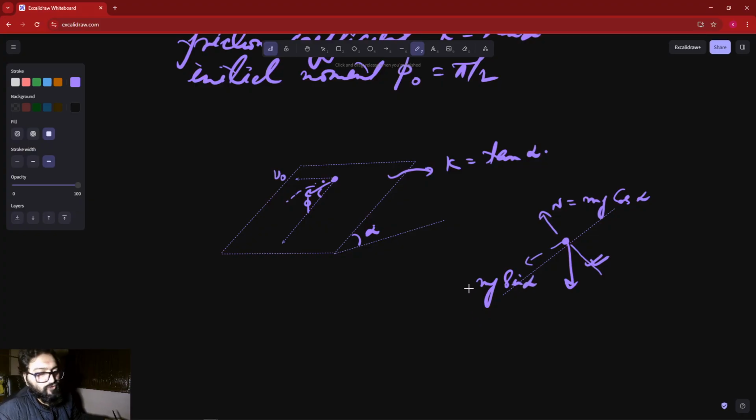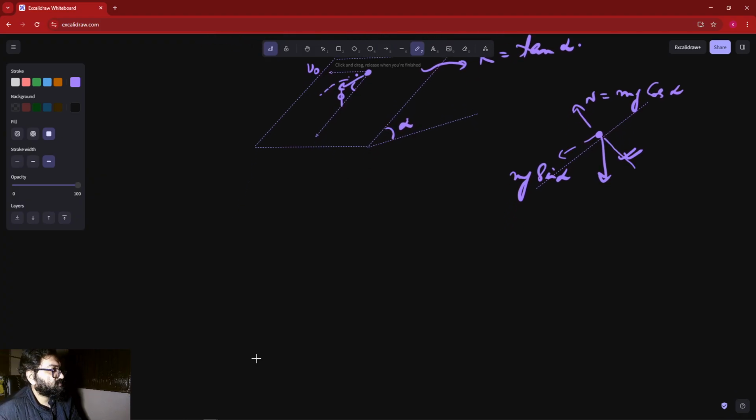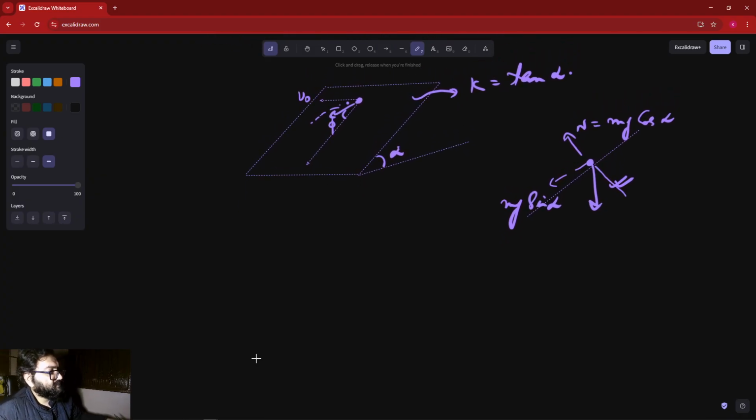Okay, there are other forces acting on this body as well. That force will be the frictional force, which is going to act opposite to the direction of the velocity. Okay, so if I look at this body from the top, that would give me the best view of what exactly is happening.